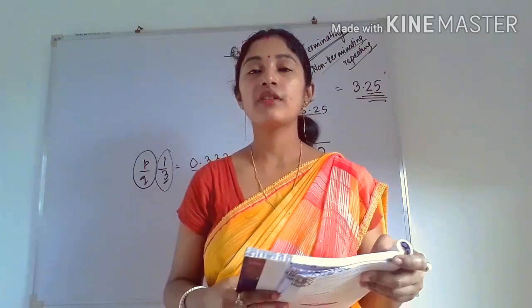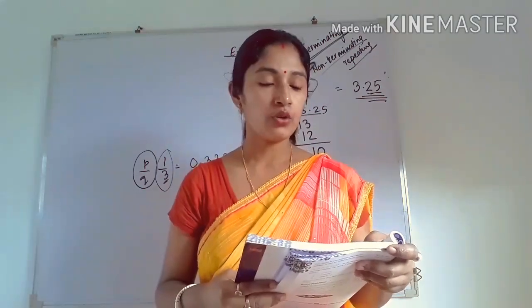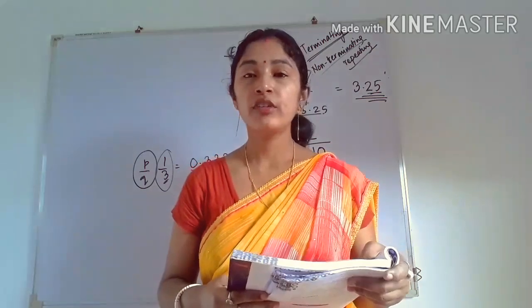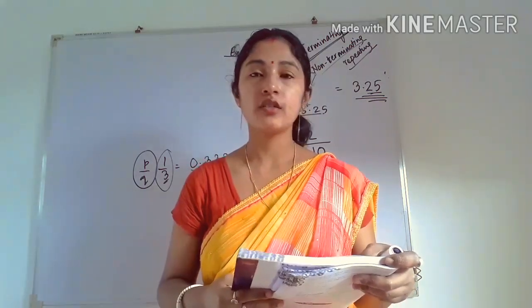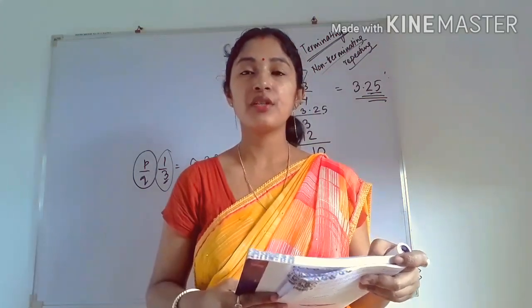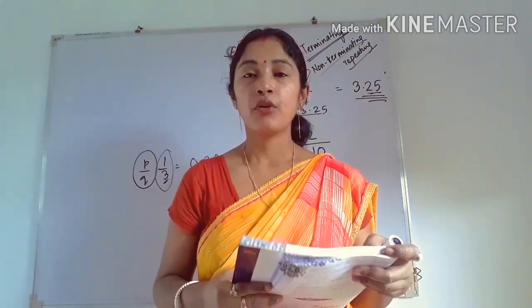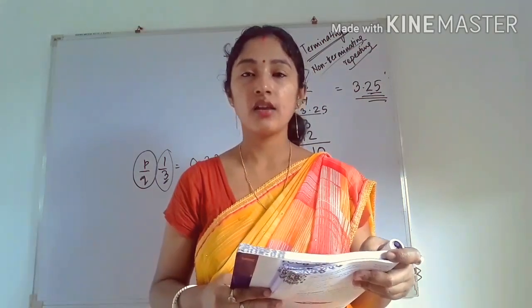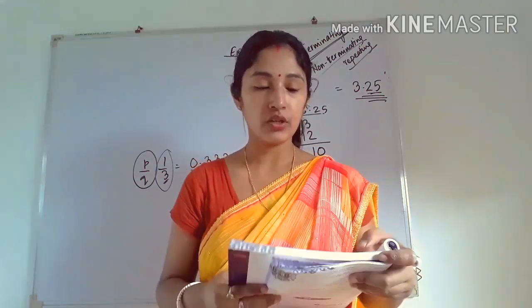We can easily represent this in p by q form. If we remove the decimal, we get 7305 divided by 1000. So this can be represented in p by q form provided q is not equal to 0. So this is a rational number.